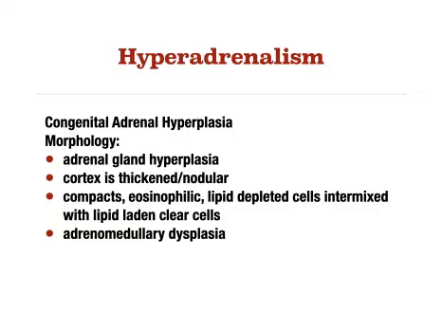And there may also be adrenomedullary dysplasia. This adrenomedullary dysplasia is characterized by incomplete migration of chromaffin cells to the center of the gland in the medulla. So they are seen intermingling with your cortical cells in the periphery of the cortex.